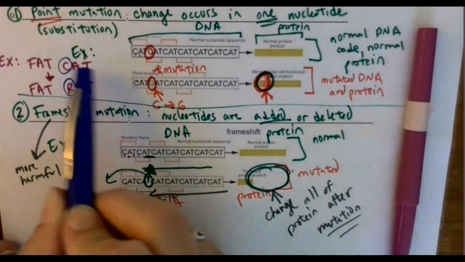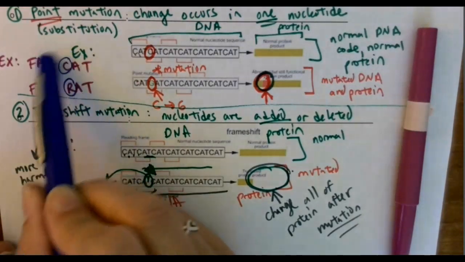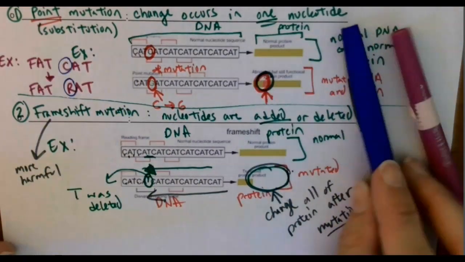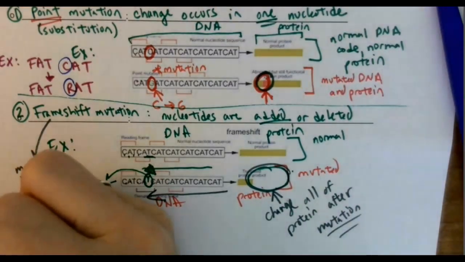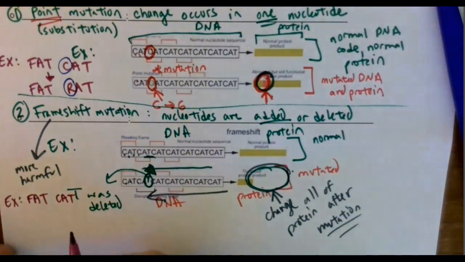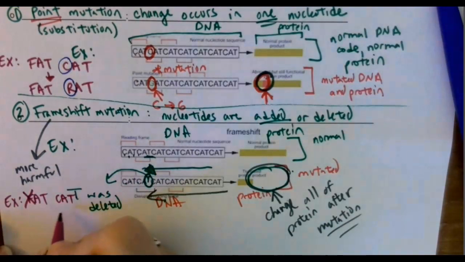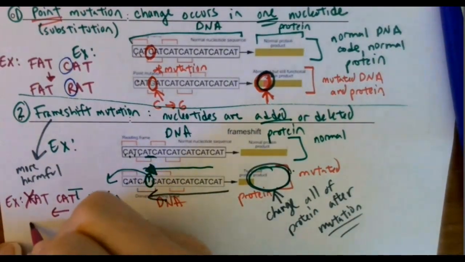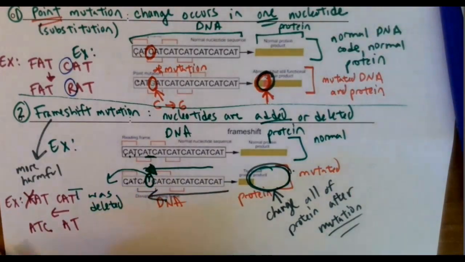It's a different meaning, but we only had one letter changed. Whereas in a frame shift mutation, let's say I started with fat cat and I deleted the F. Now all these letters are going to shift over, and I'm going to have a cat at. That doesn't make any sense, because by shifting all these letters over, the entire meaning of the sentence changed.